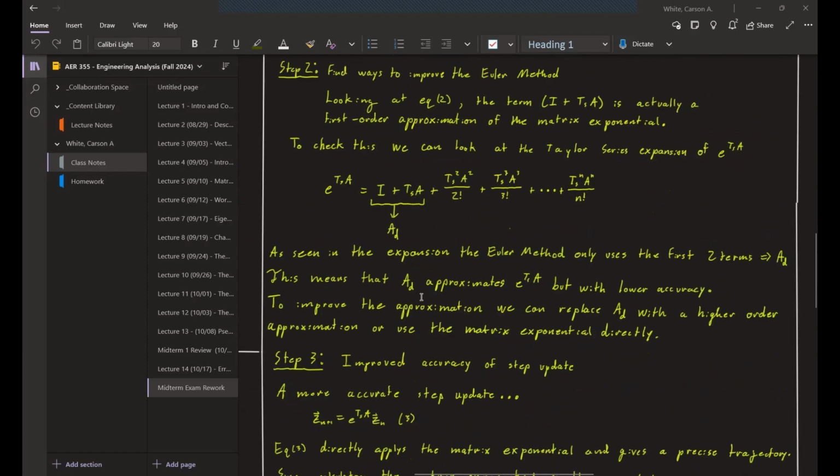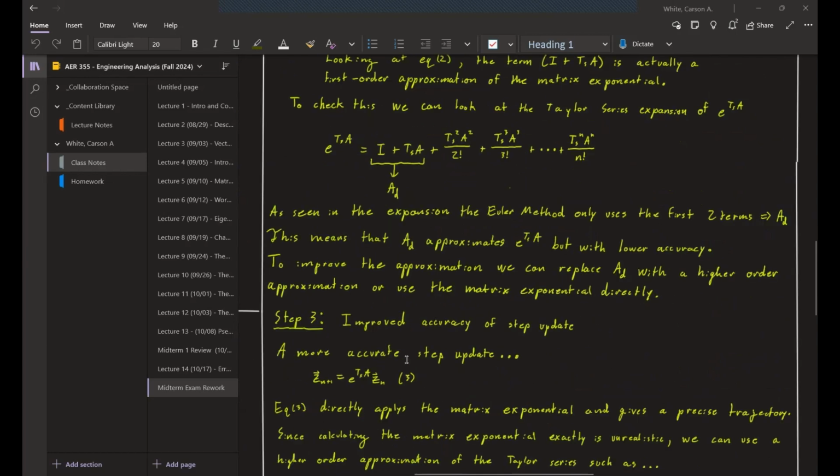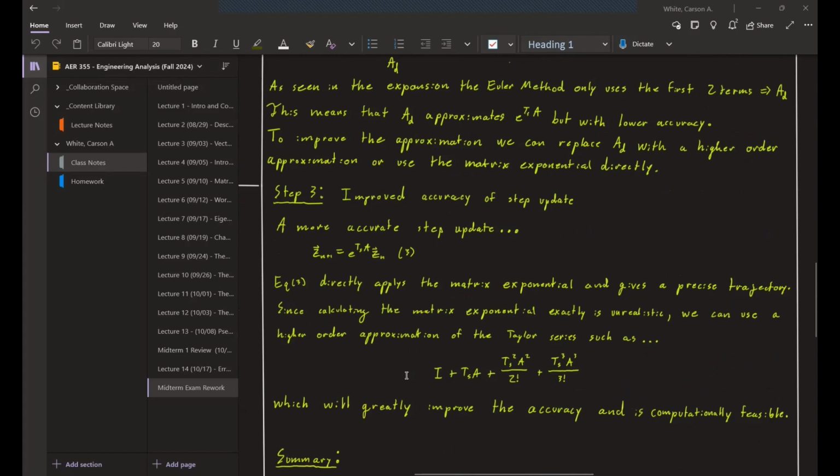This means that AD approximates the matrix exponential, but with lower accuracy than a better approximation might have. To improve the approximation, we can replace AD with a higher order approximation or just use the matrix exponential itself.